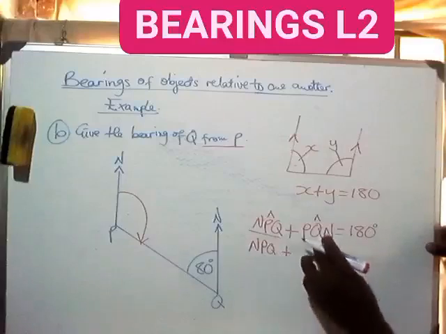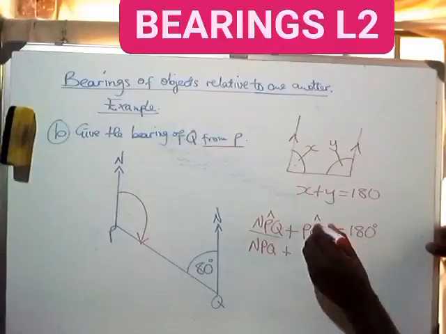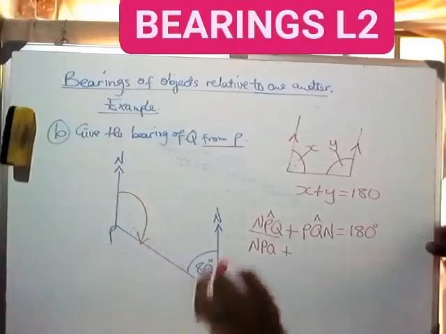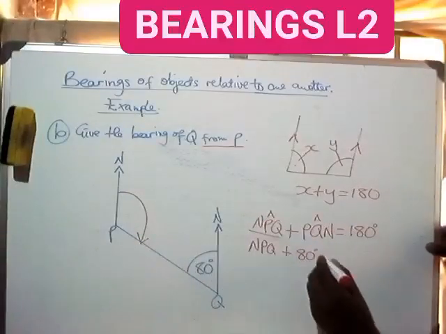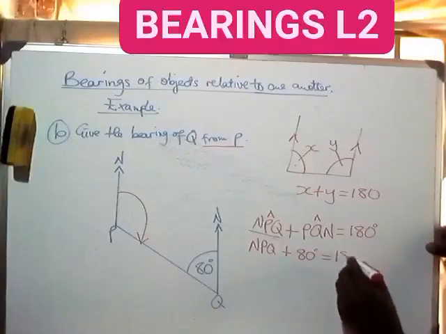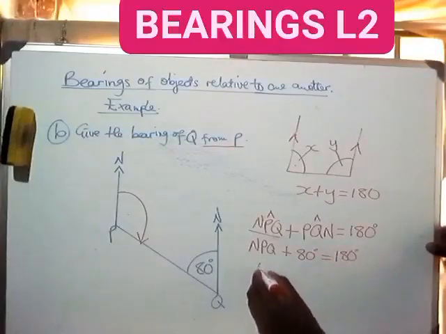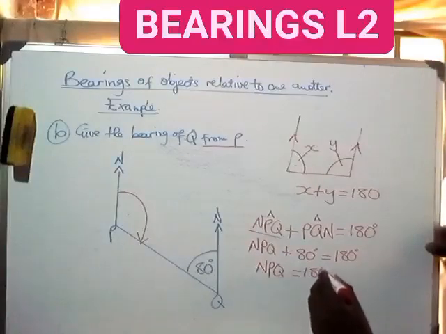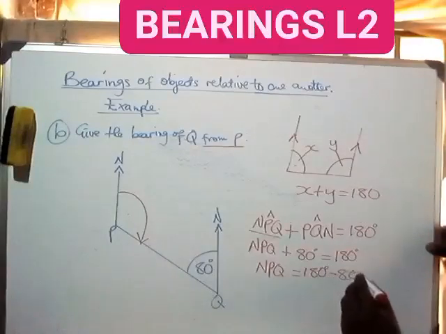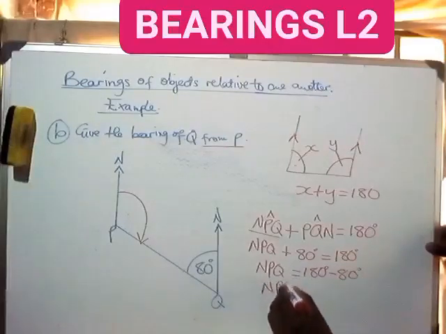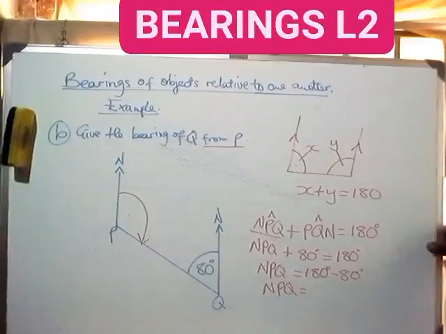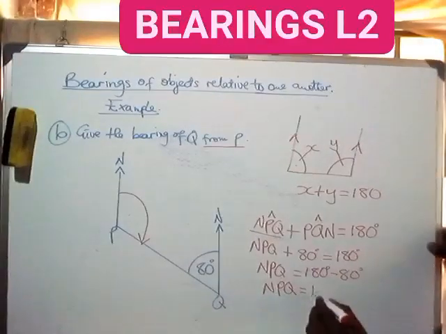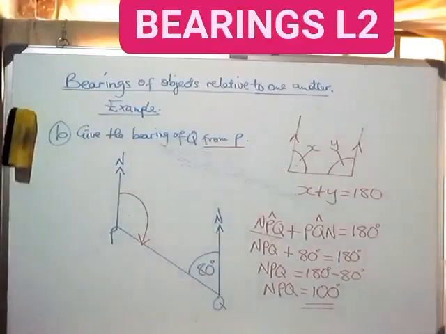Then plus PQN, the angle there is 80. So the total we have is 180 degrees. So NPQ is equal to 180 degrees minus 80 degrees. What is 180 minus 80? The answer we are getting is 100.